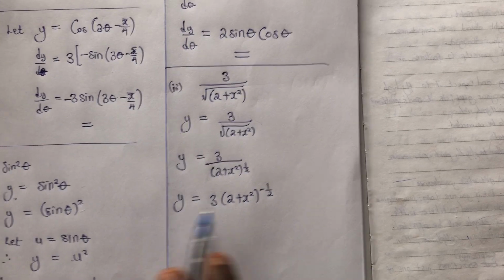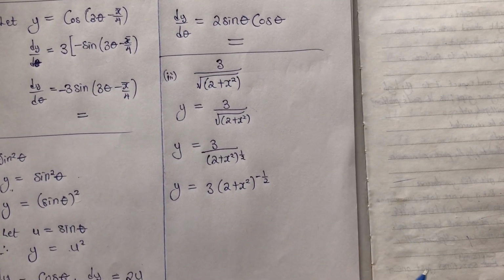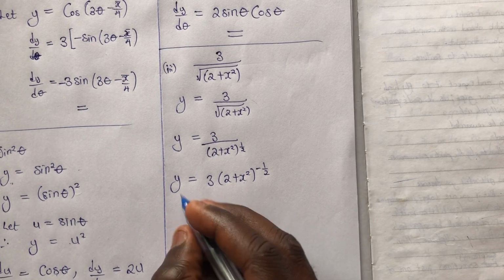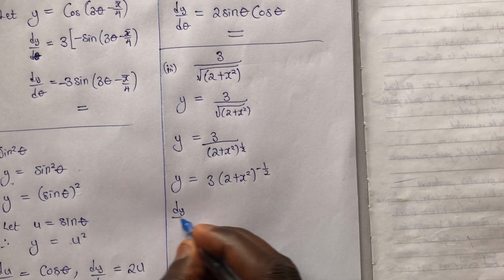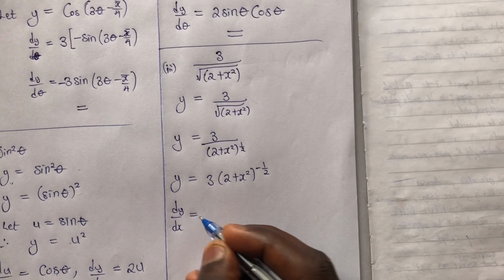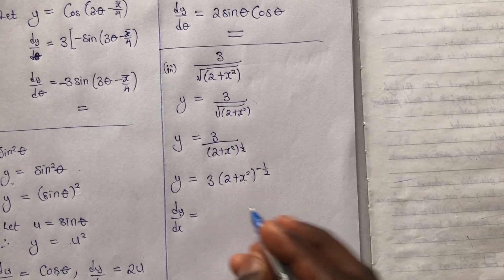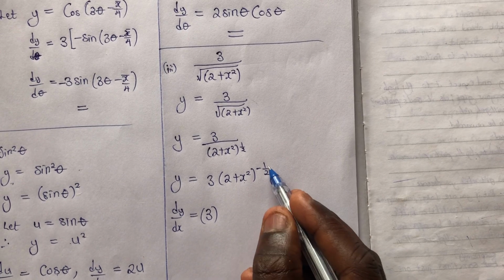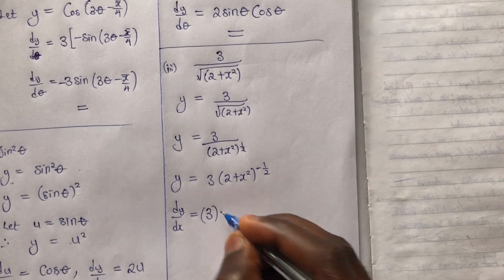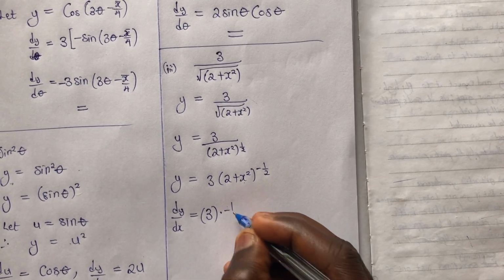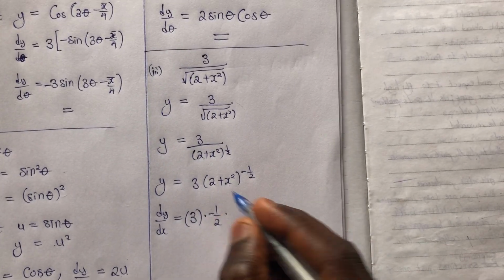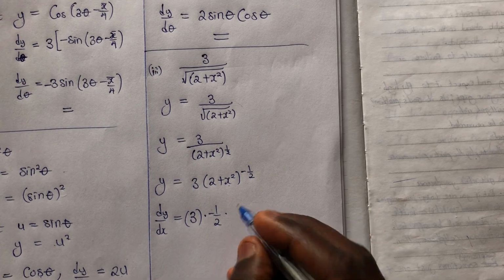Now I can differentiate this function by simply saying that the derivative of y with respect to x, dy/dx, will give us, for this 3, it is already there, so we have our 3. Then we multiply it by the power, which is negative 1 over 2, multiplying the bracket, you write the 2 plus x squared.